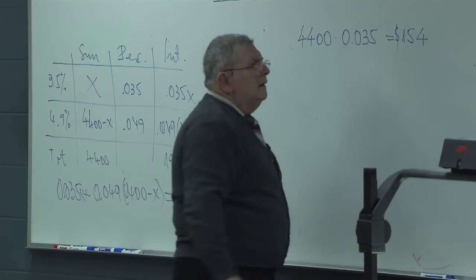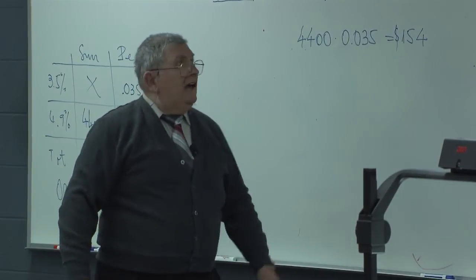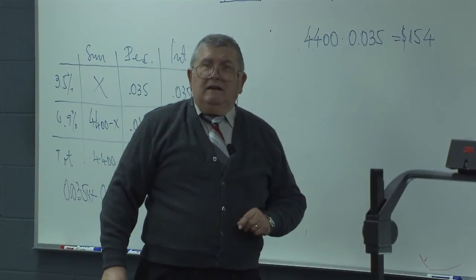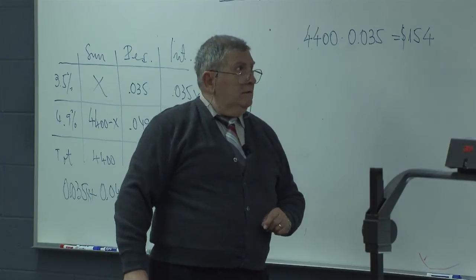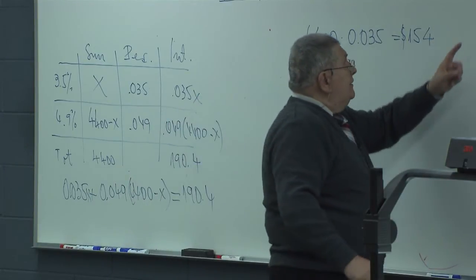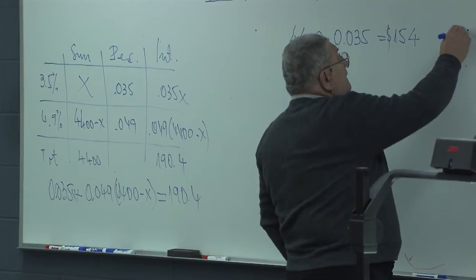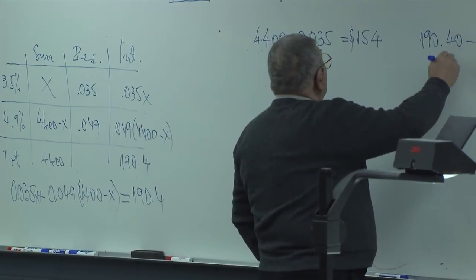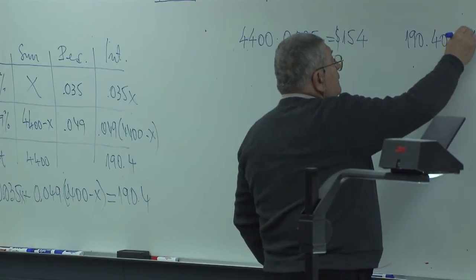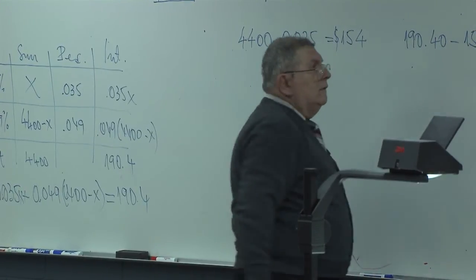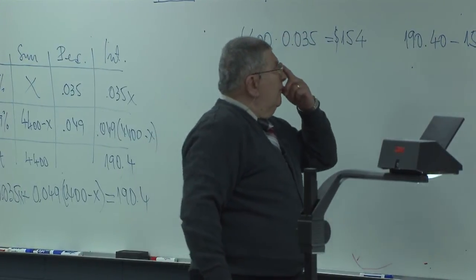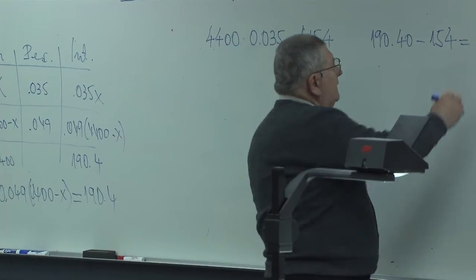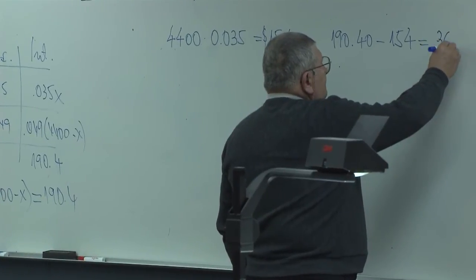So Maria didn't have 154 bucks in her account as her interest. She had 190.4 minus 154, which is 36.40. 36.40. Thank you.